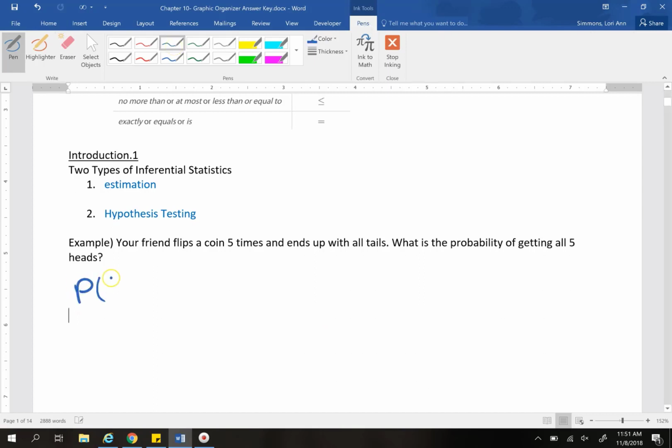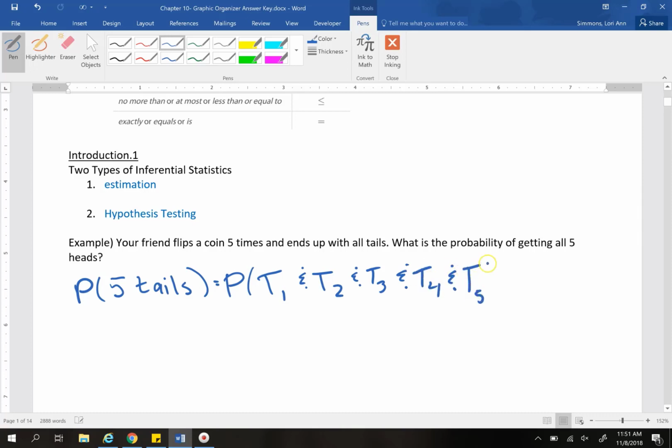So if you recall, probability of 5 tails. This is the probability to get the first one tail, second tail, third, fourth, and fifth. Because a flip of the coin does not depend on what happened in the prior flip, you can just take the probability of each one of these and multiply it.